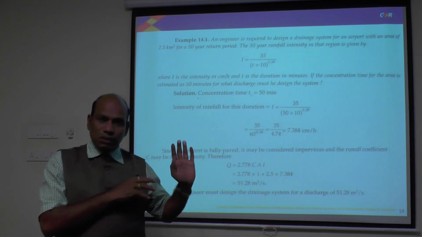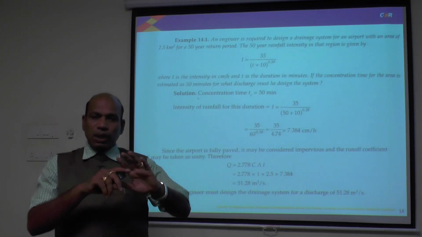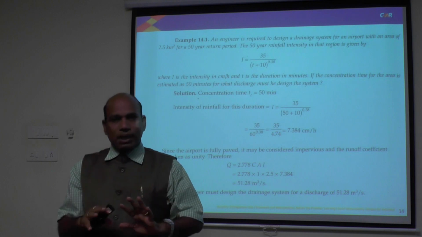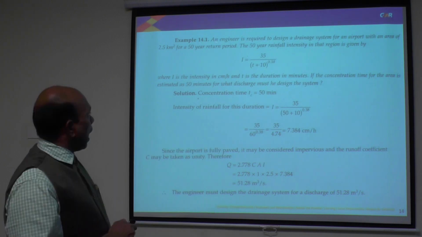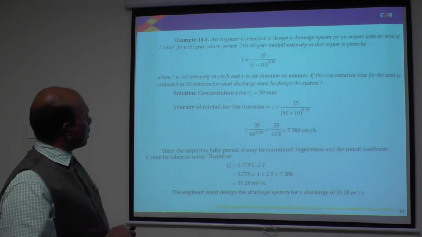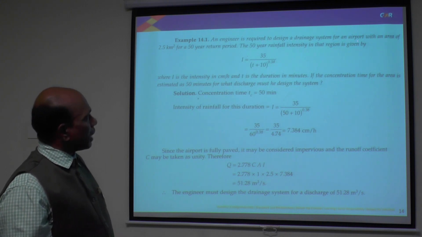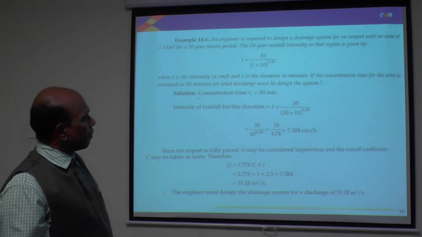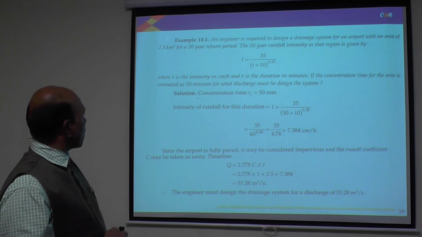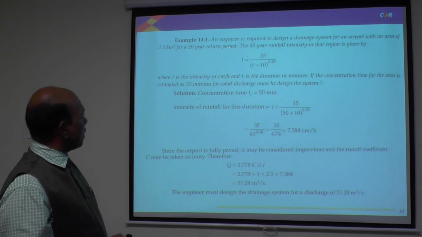Now an example for the clear understanding of the rational method. An engineer is required to design a drainage system for an airport with an area of 2.5 square kilometers for a 50 years return period.